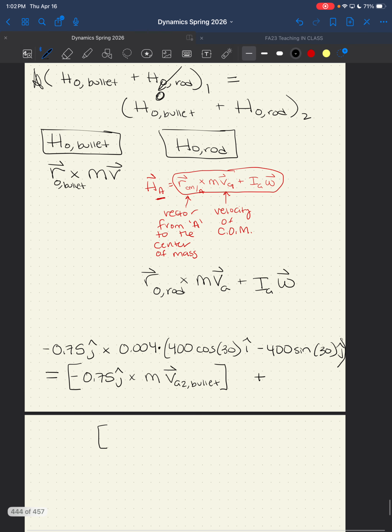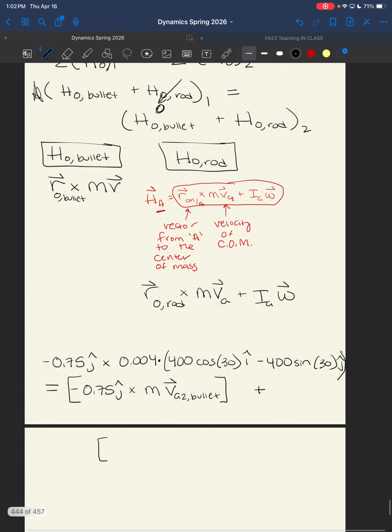The center of mass of the rod should be down 0.5 meters because the whole thing is 1. The r vector here goes from the point you're summing your momentum about to the center of mass point. Yeah, we're talking about the rod now.